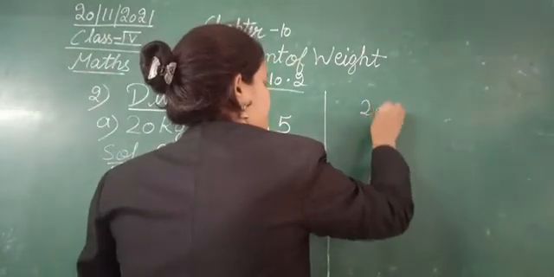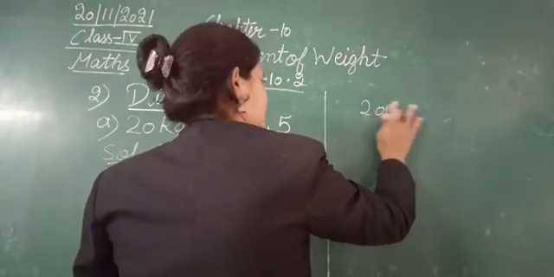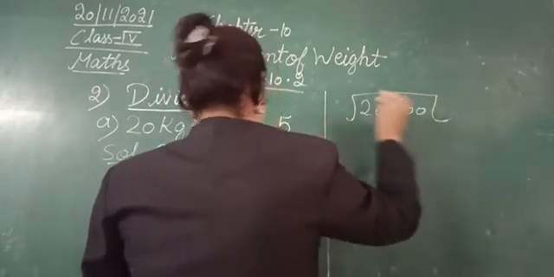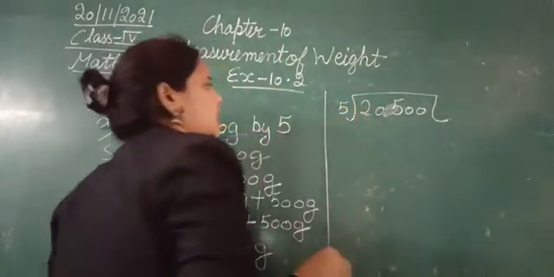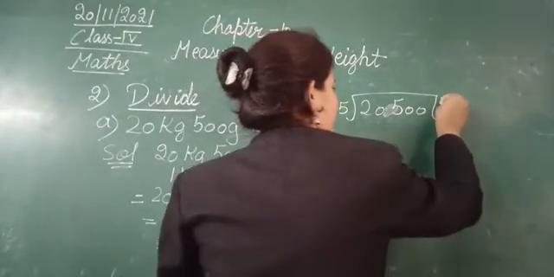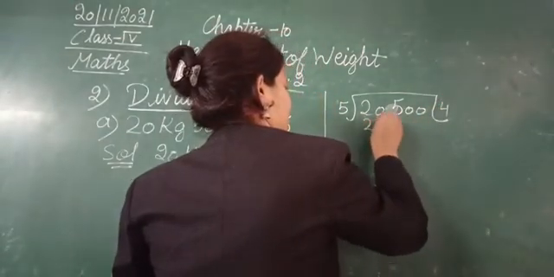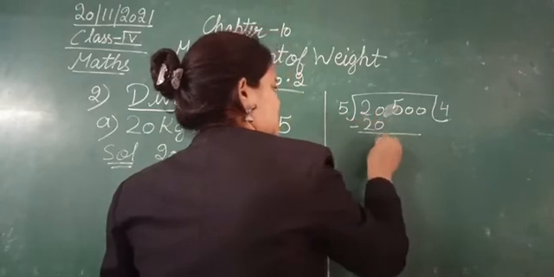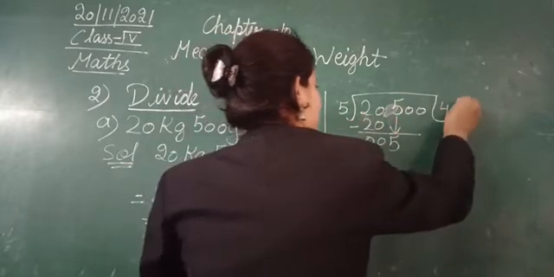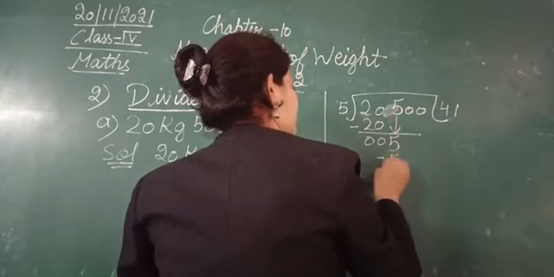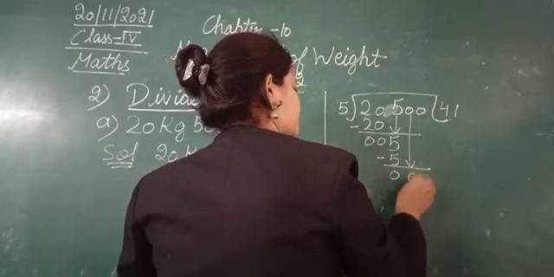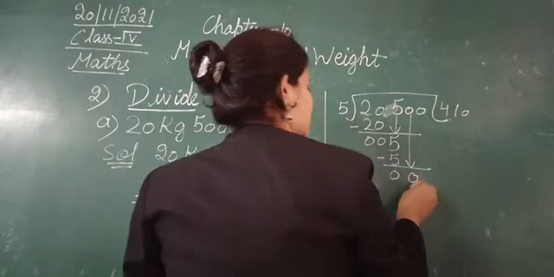Divide 20,500 gram by 5. So 5 fours are 20. 20 minus 20, 0. Bring down the next 5. 5 ones are 5. 5 minus 5, 0. Bring down the next 0. 5 zeros are 0.